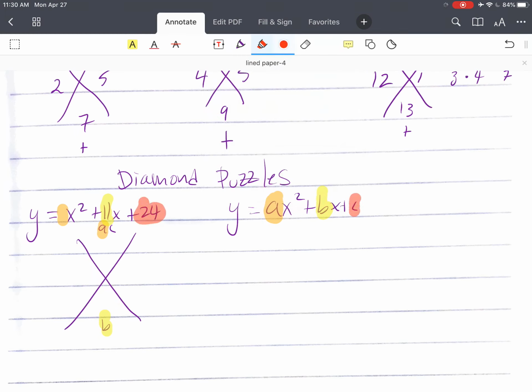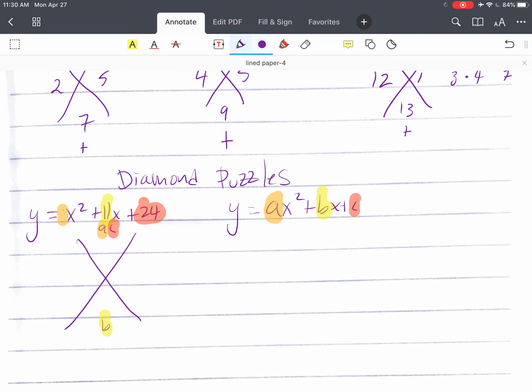And then last but not least, I'll use red. C is this number here. It's going to take some time for you to start identifying what A, B, and C are in a quadratic equation, but it gets really easy really quickly, as long as you can identify what those numbers are.